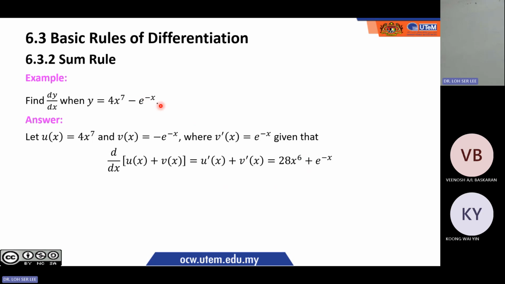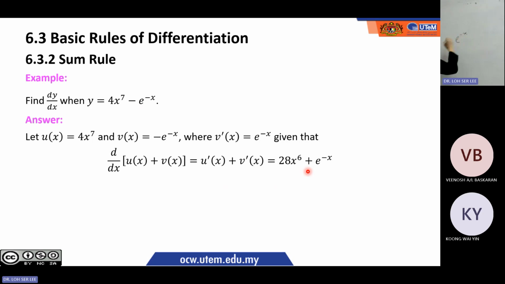And when we differentiate an exponential function, if you just look at this e to the negative x, when we differentiate e to the negative x, we get negative e to the negative x. We get this function back, and we differentiate the exponent with respect to x, we get a negative 1. So you get a negative e to the negative x. But with the minus here, you have a plus.